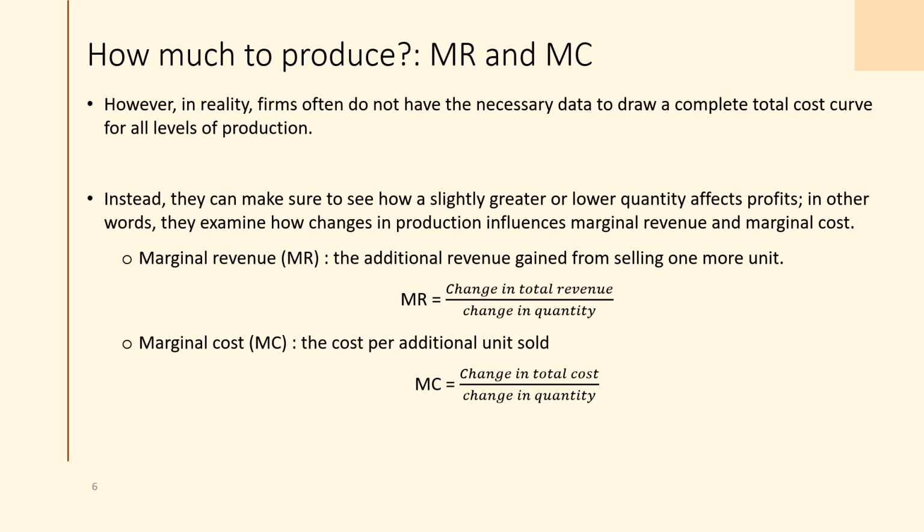Marginal cost is the additional cost of producing one more unit. Mathematically, marginal revenue is the change in total revenue divided by the change in quantity, and marginal cost is the change in total cost divided by the change in quantity.